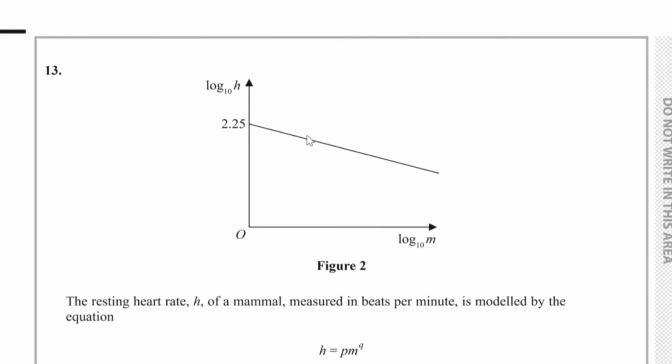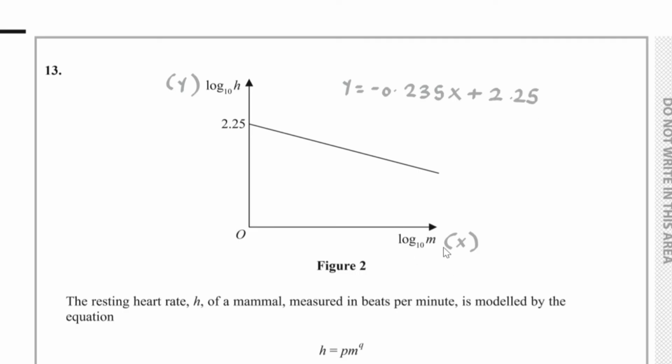Think of this to be in the form y equals mx plus c. Instead of us having an x, we've got log base 10 of m. And instead of us having a y, we've got log base 10 of h. Now normally, we can write y equals minus 0.235, which is the gradient, times x plus 2.25.